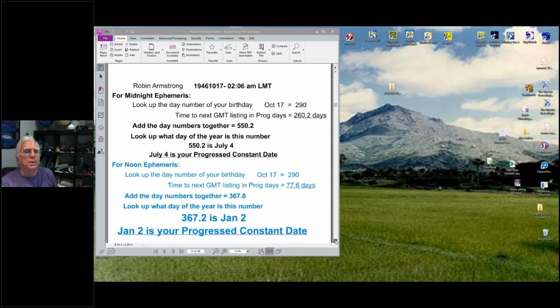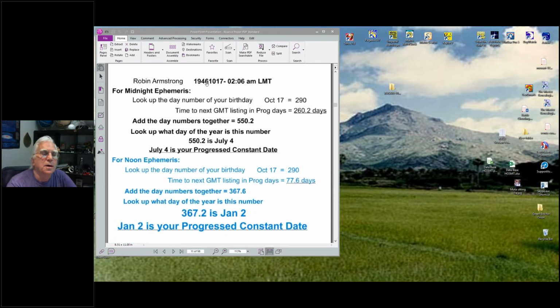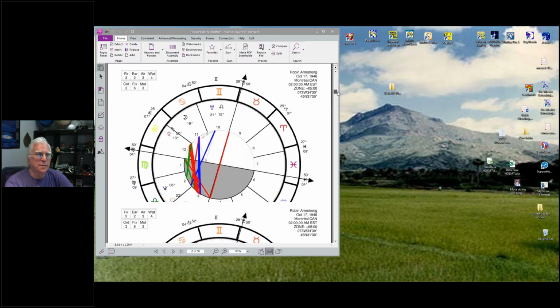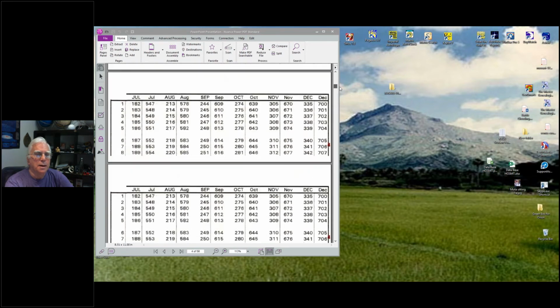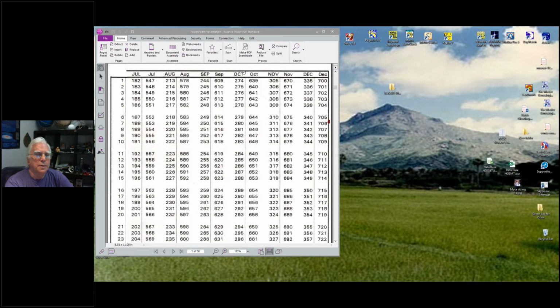So here we come to the next sheet of calculations. My local mean time, October 17th, 2:06 a.m., local mean time. There's my midnight ephemeris. I look up the day of my birthday. Okay, so we go back up to this table, and we're going to go for October 17th, 290.